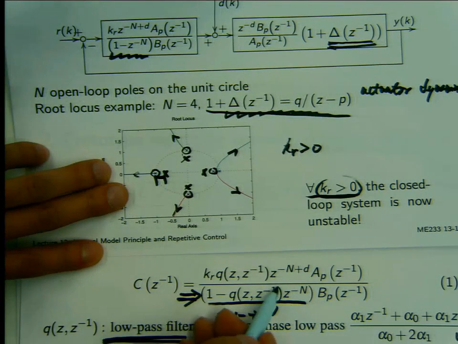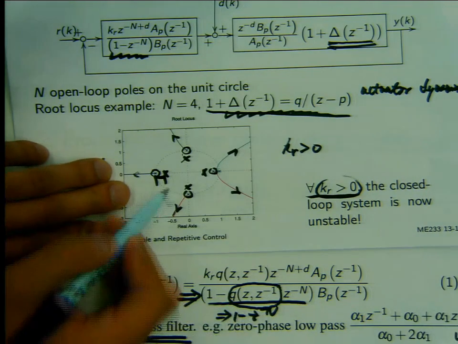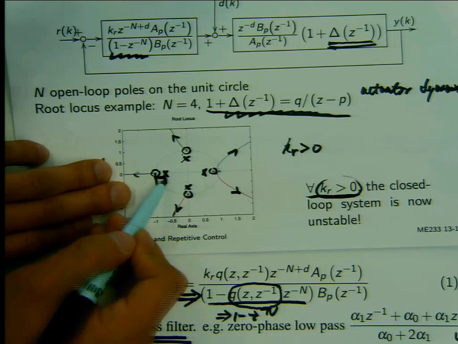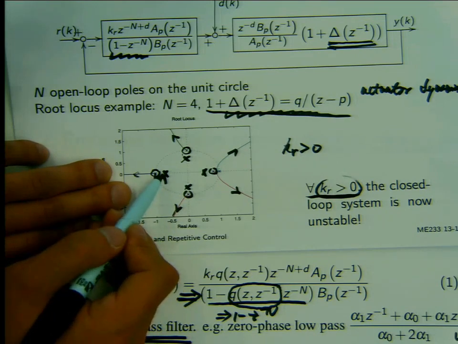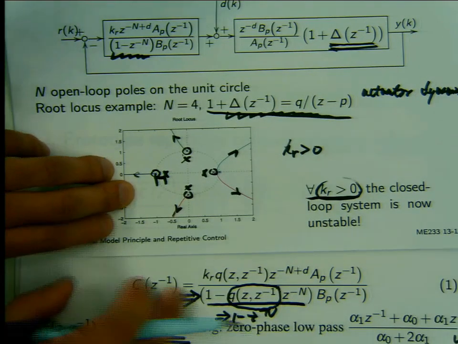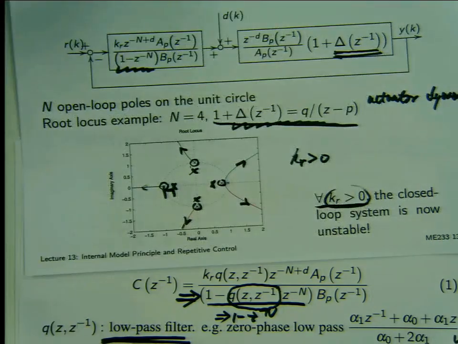By making this guy's magnitude less than 1, a low-pass design, I can shift these marginally stable open loop poles to be inside the unit circle. And by this design, I have gained stability robustness. That's the central idea here.